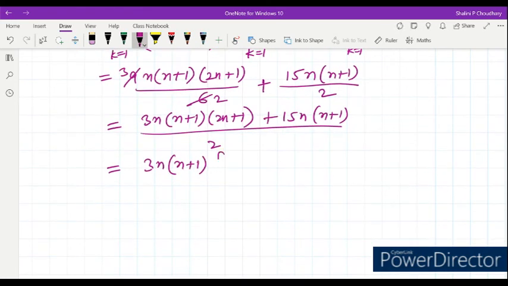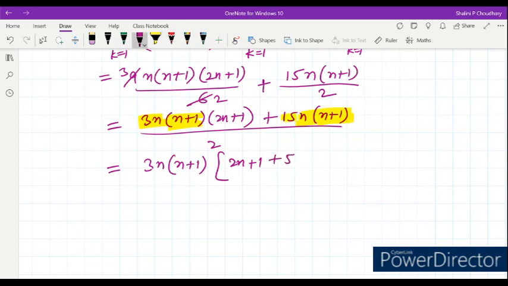So 3n multiplied by n plus 1 we can take common. So what value will we be getting from this one? 3n and n plus 1 we have taken common. So what is left behind? That is 2n plus 1. From this side we have taken n and n plus 1, and 3 we have taken from 15, so we'll get 5.